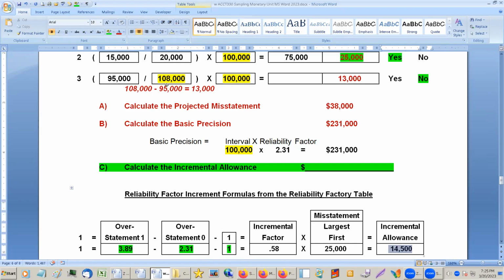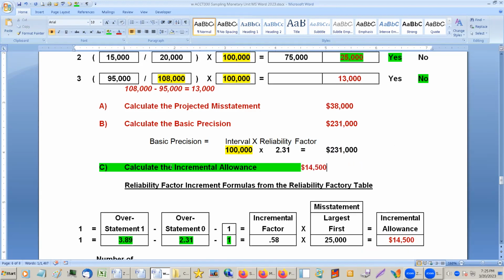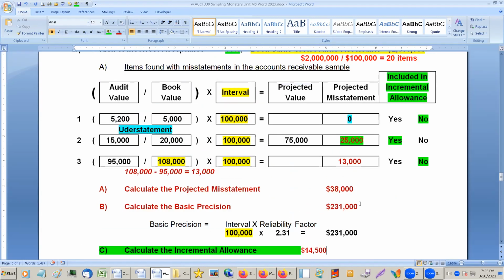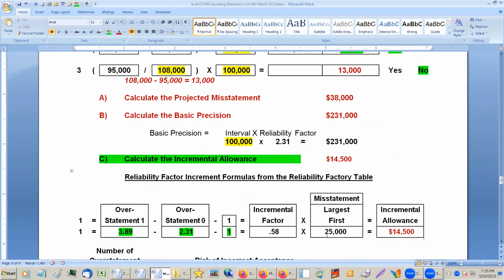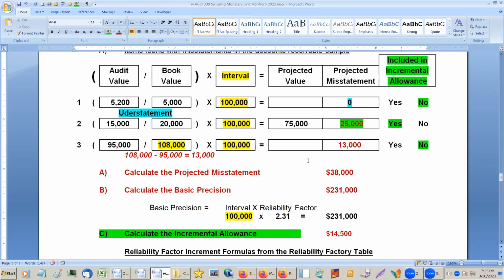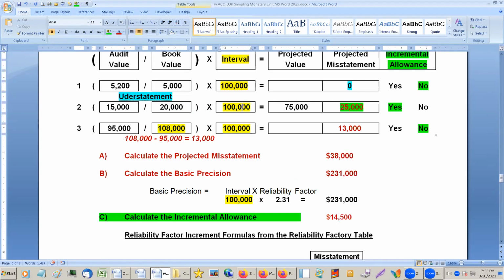Okay, so the incremental allowance. This goes by the idea that if there is a misstatement in that sample, if there's one, that means there could be more.